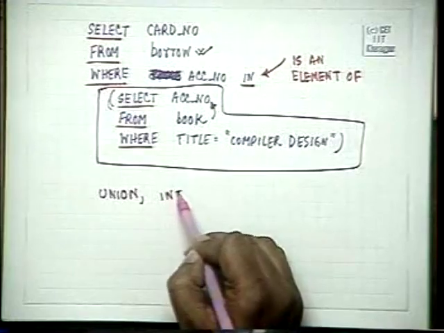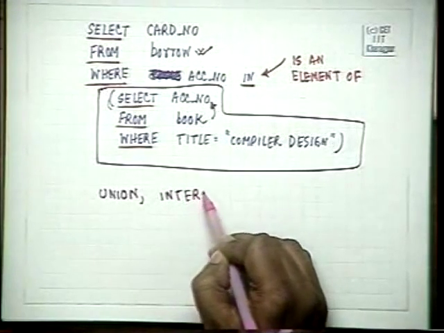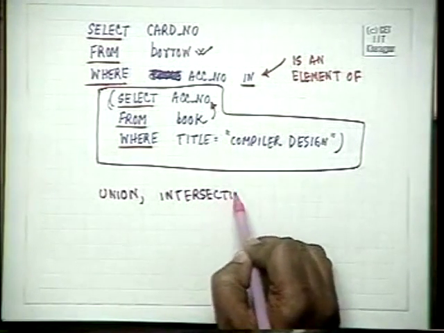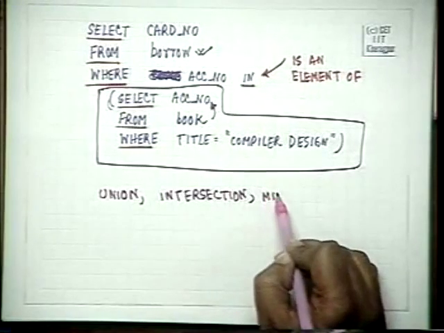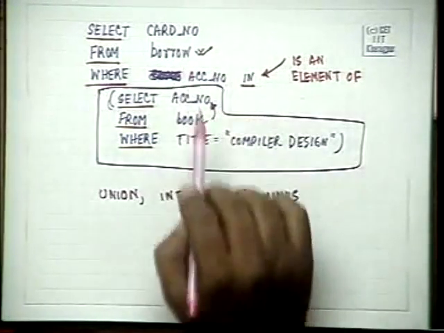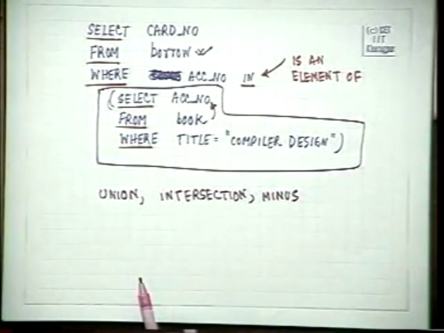This query can be written in other ways as well. I will not discuss all the ways to write down this query, but using the union, intersection and minus operations, you can also write down this query in a slightly different way.